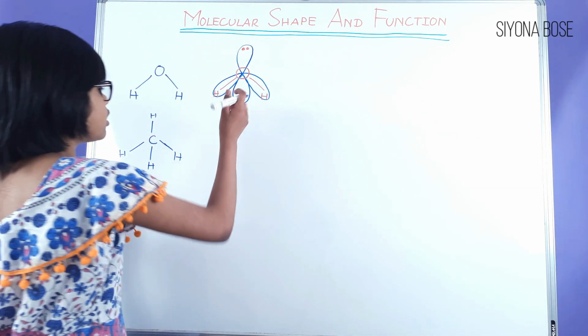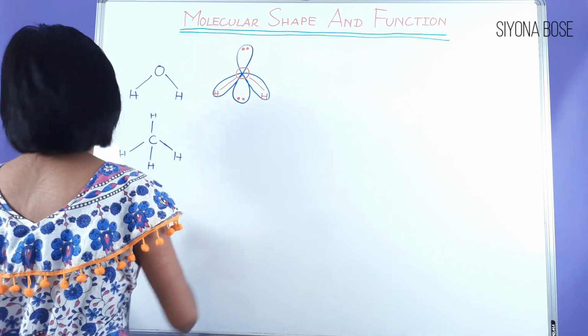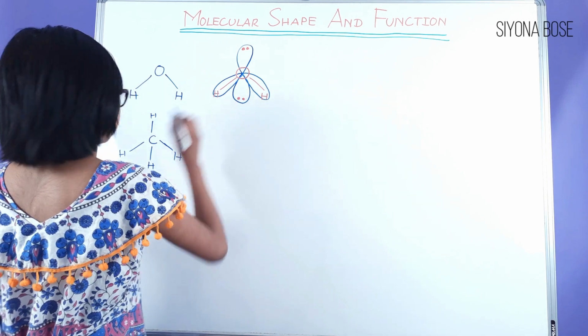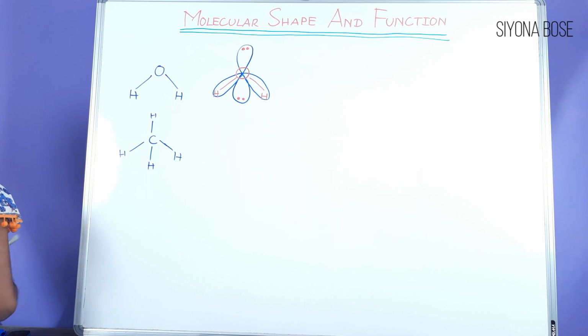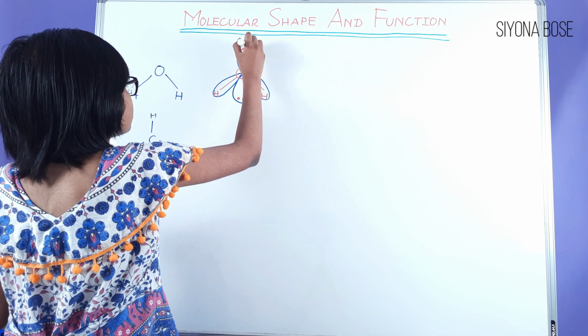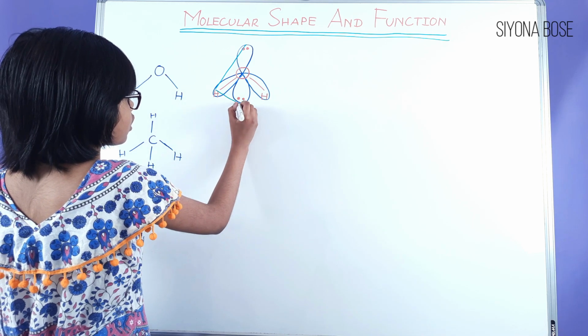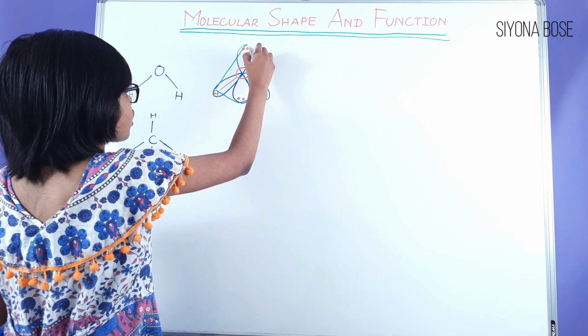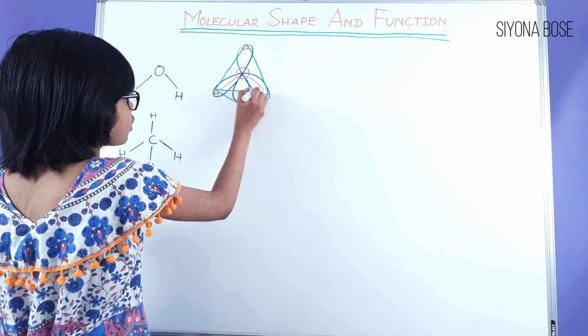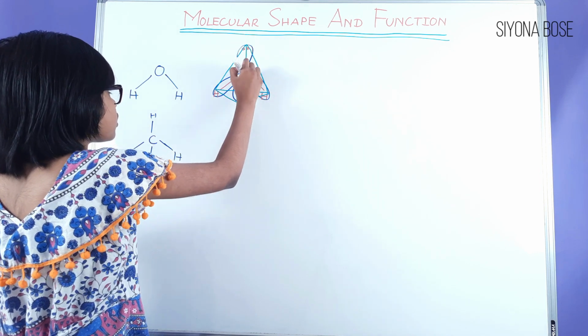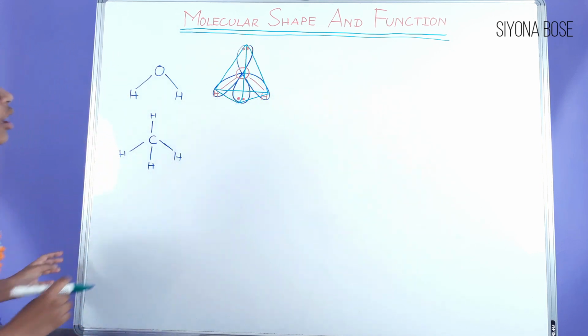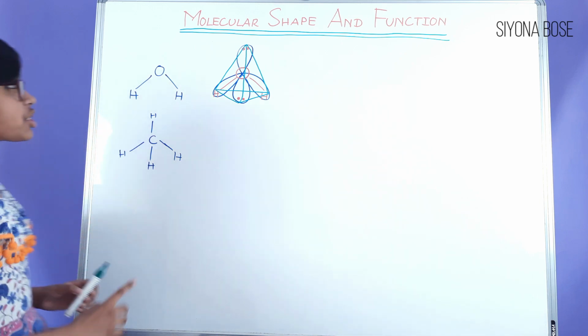Okay, let's draw the conventional structure and also the shape. I'm drawing the tetrahedron shape. Now moving on to methane.